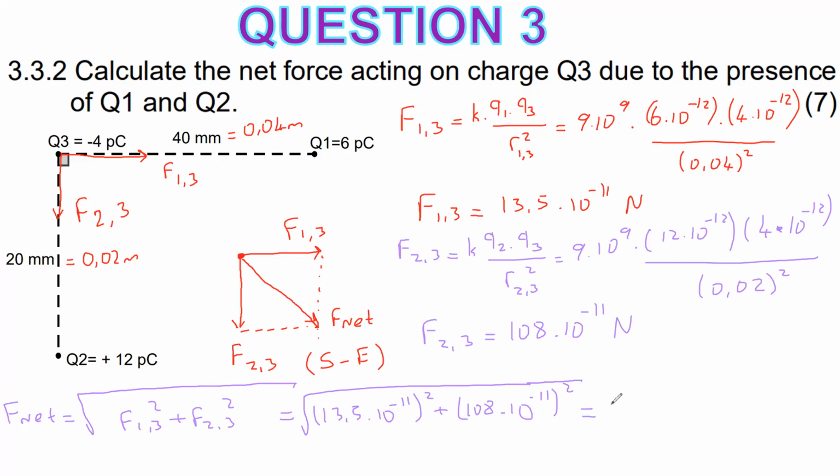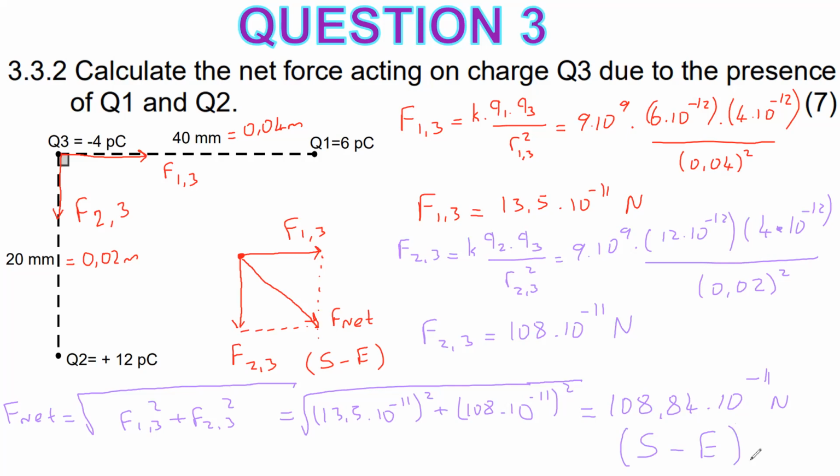And when you calculate it, you are getting 108.84 times 10 to the power of negative 11 newtons. This is our answer. As you see, first of all, we are calculating force between Q1 and Q3, and then Q2 and Q3, and then you are using this formula to calculate F net. And what about direction? Southeast, we can see in our free body diagram already, direction is southeast.